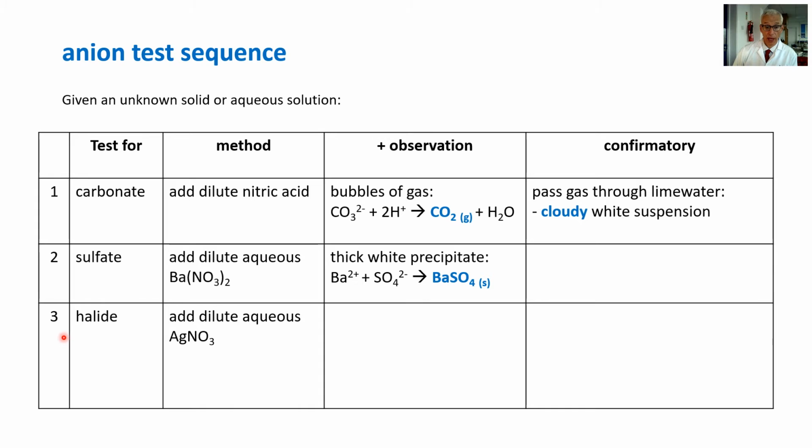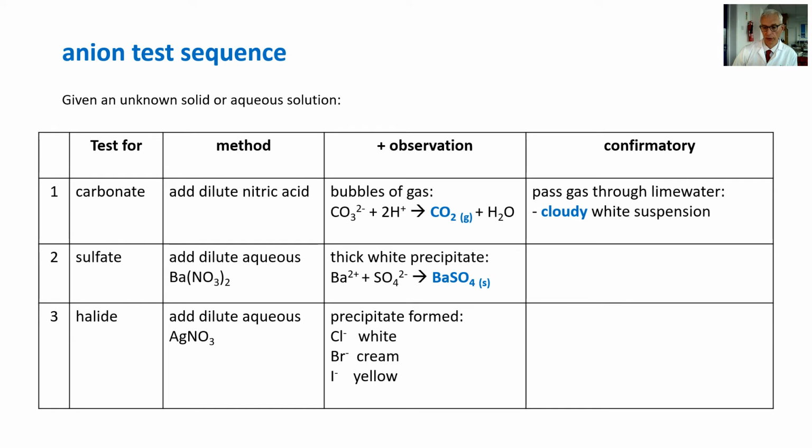If you are doing a separate test for a halide, not having first tested your sample for the carbonate, it's necessary to add dilute nitric acid first to rule out a carbonate, because what you're looking for is a precipitate.